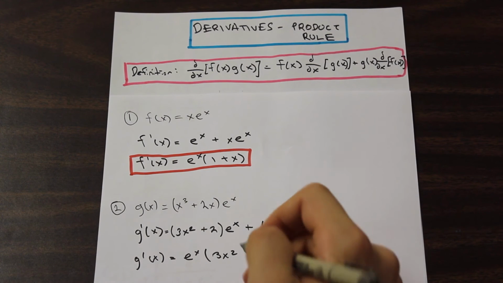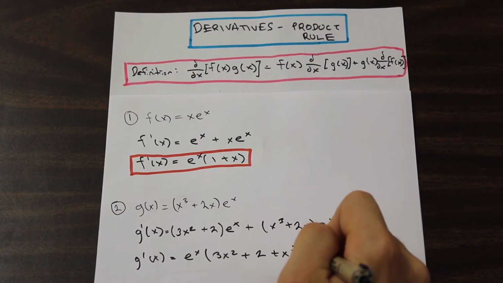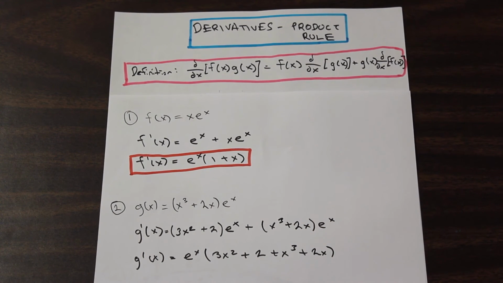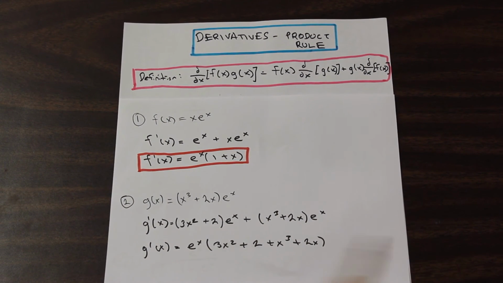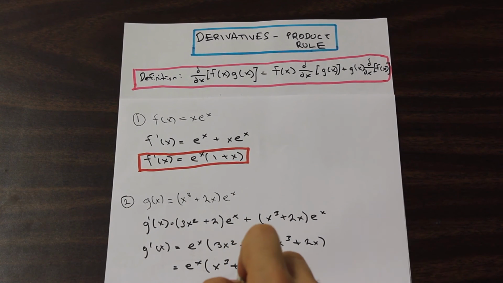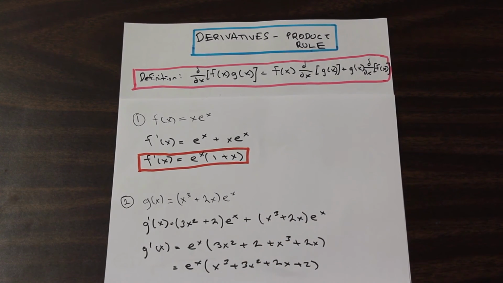So we're left with 3x squared plus 2 plus x cubed plus 2x, right? How can we simplify this even further? We have nothing really that we can do, so let's just arrange them from highest power to lowest. X cubed plus 3x squared plus 2x plus 2. All right, and that is the derivative of g of x of this function.